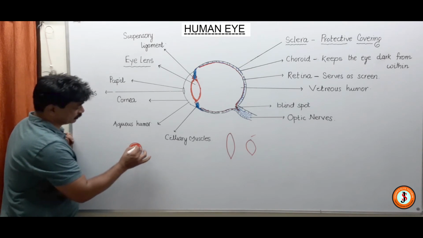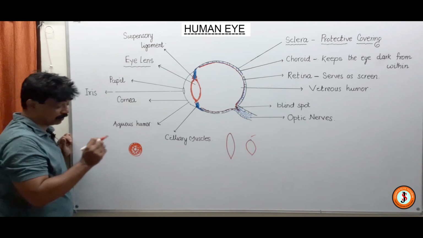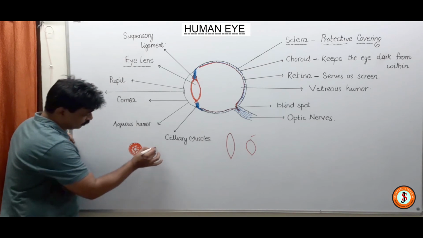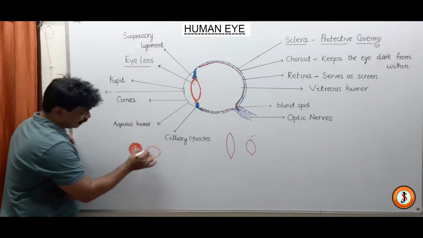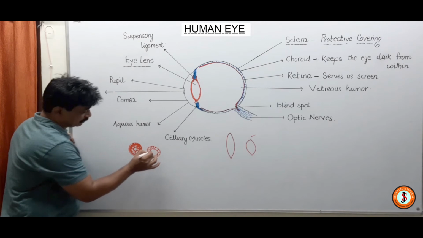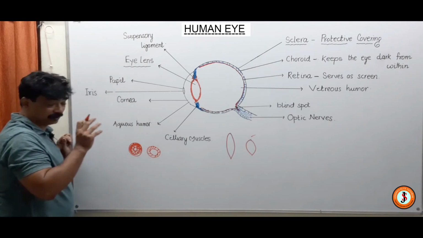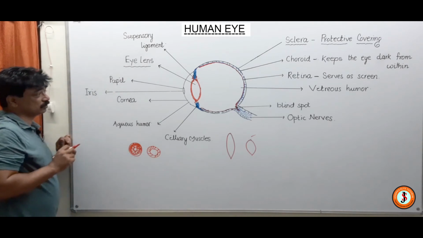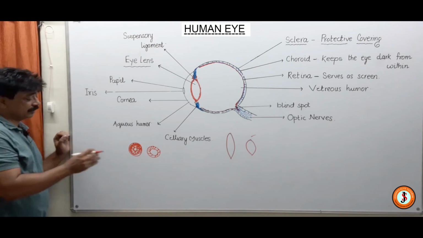Now try to understand. The iris is the diaphragm, that colored part. This hole, when it is in dim light, can become larger. That hole is the pupil, and the iris is the diaphragm.